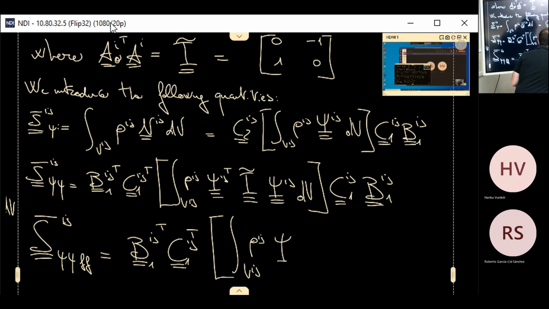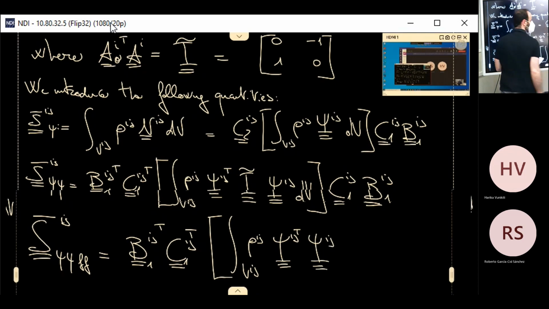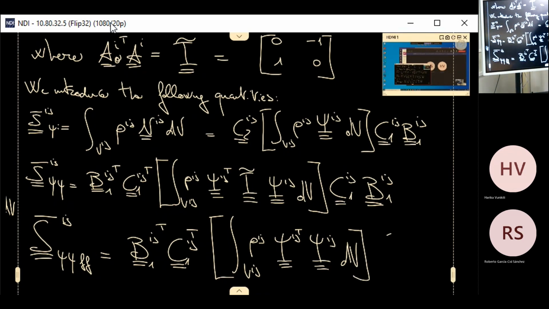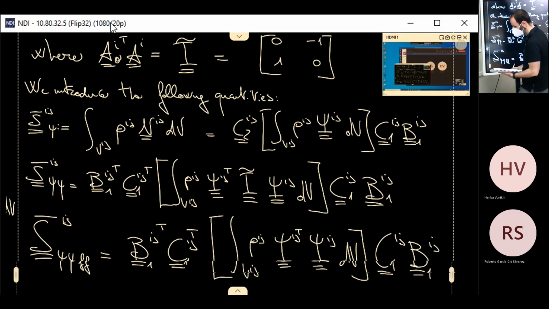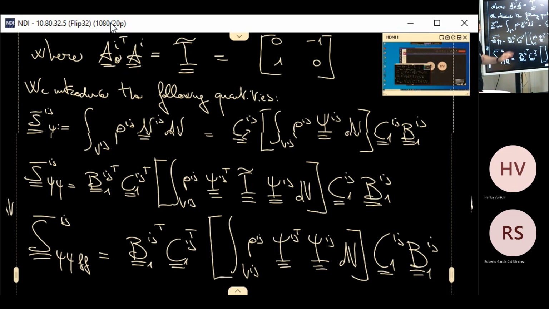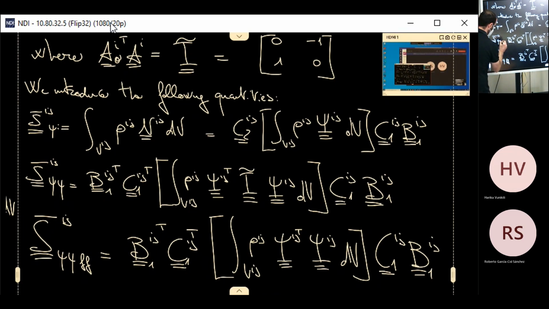And here we have Psi_ij transposed, applied over Psi_ij. Okay. Now, with this in mind, you can move forward to the exercise. So these were just some definitions. These are all definitions.